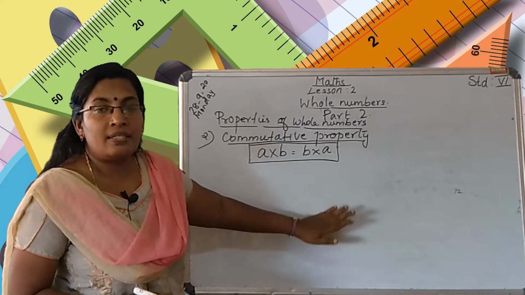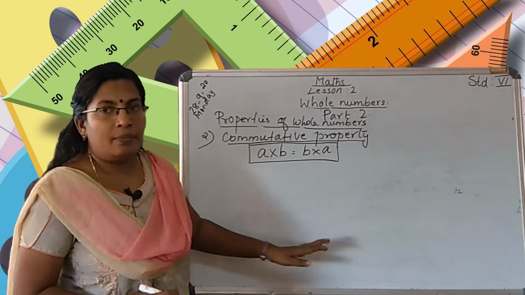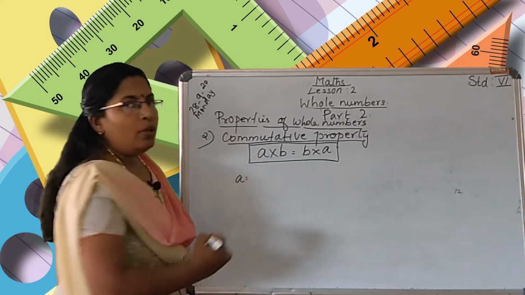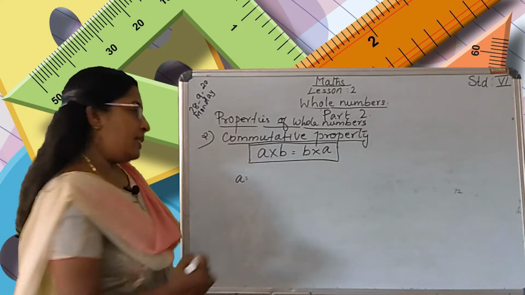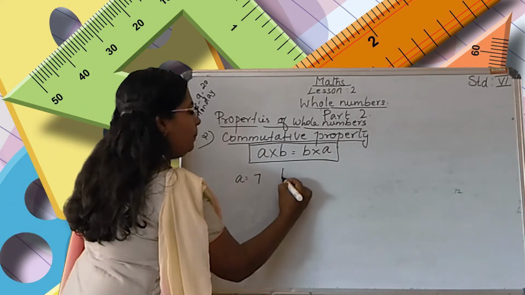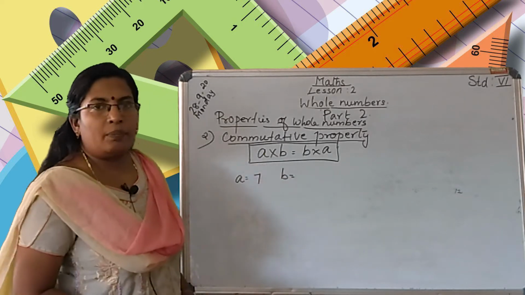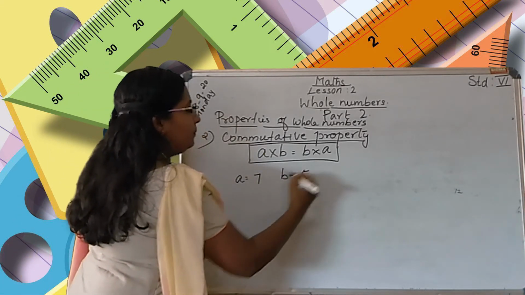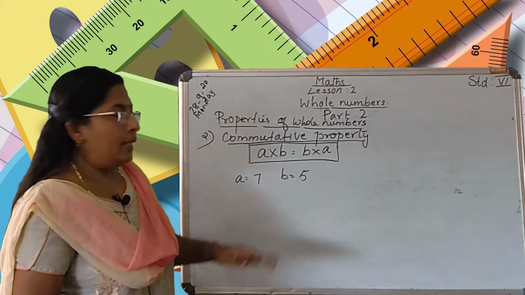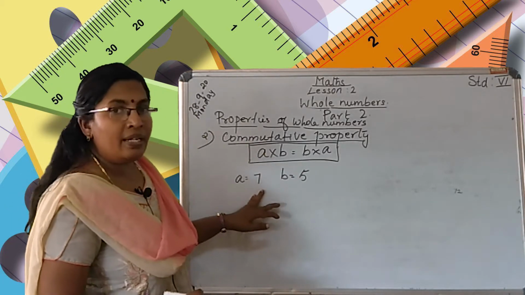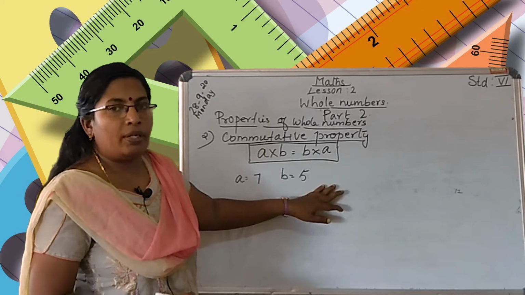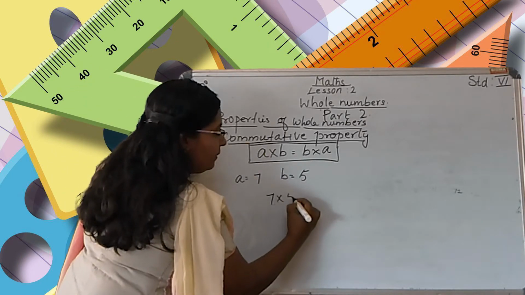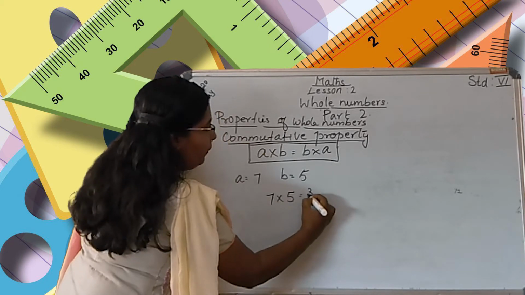The answer is same. So for example, take A, any one whole number, say 7. B, another whole number, 5. We're taking first number as 7 and the second number as 5. Multiply it. 7 5s are 35.